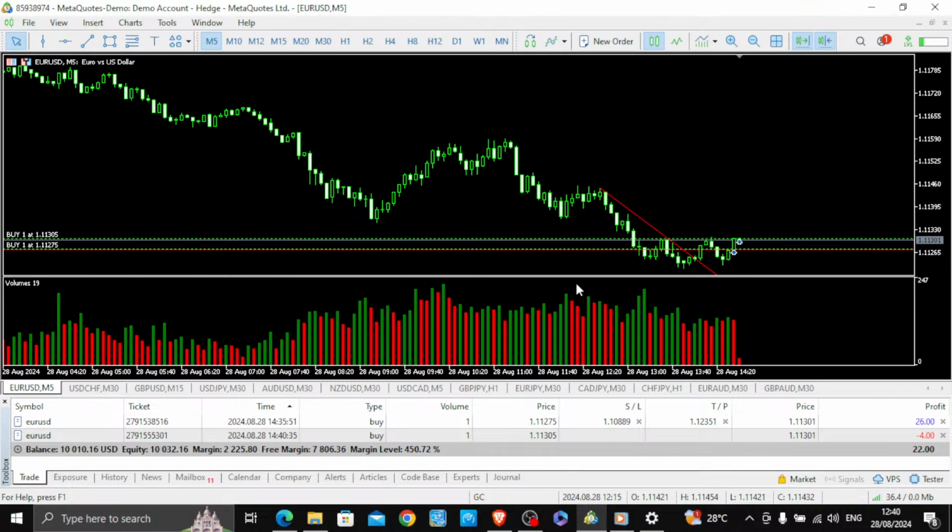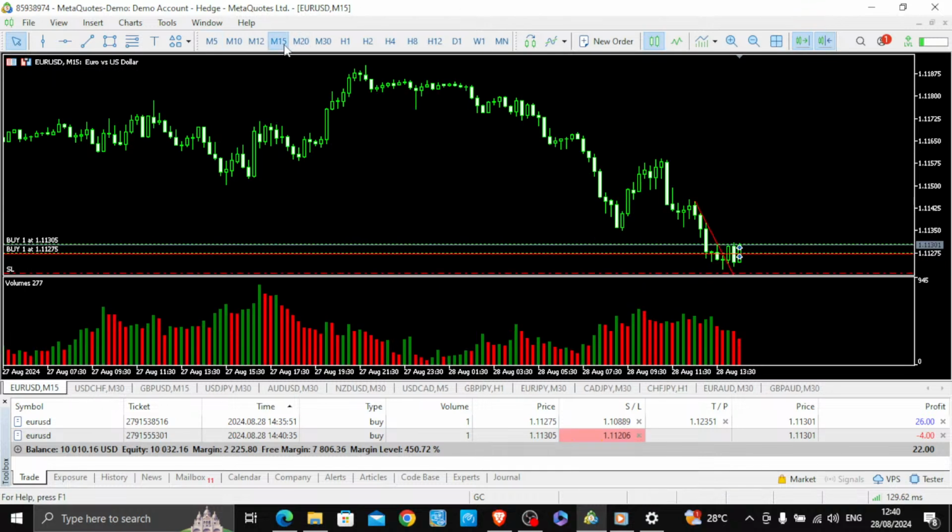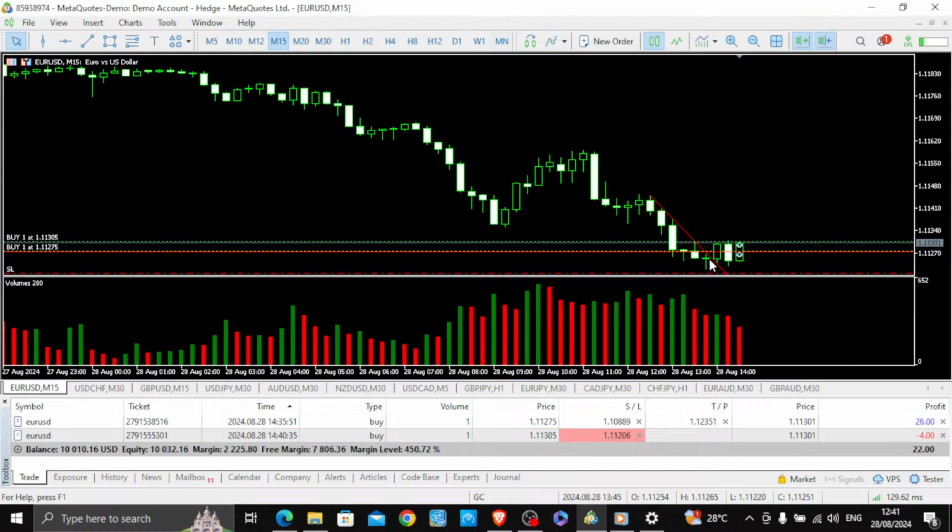This is a very tight one. Tight stop loss. The low of this was 1.1122. Okay, so my stop loss is very tight.